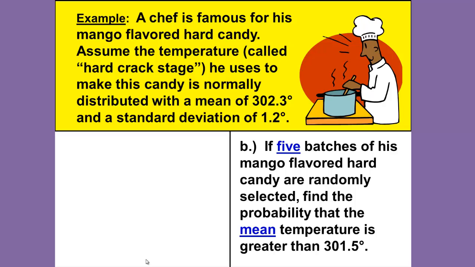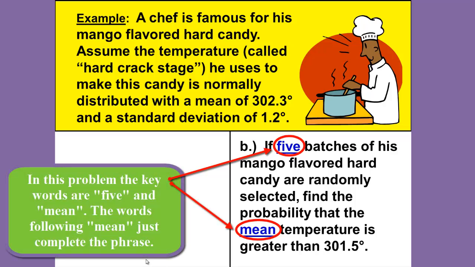Now let's look at the B. In the B part, we have 5 batches, and we want to find the probability that their mean temperature is greater than 301.5. Notice the key words: a number other than 1, and the phrase mean temperature greater than.